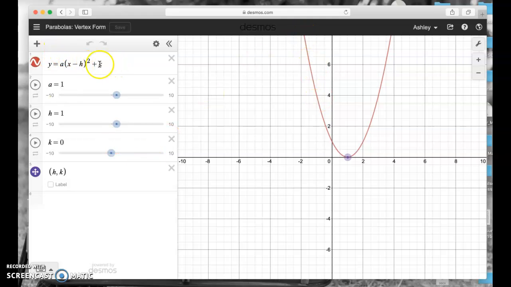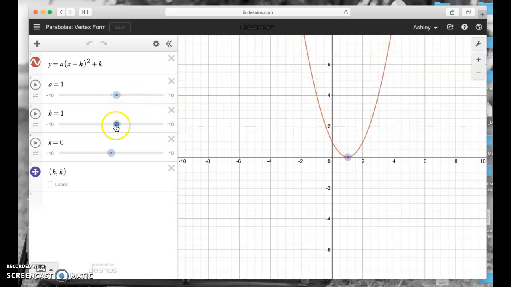And over here you should already see the vertex form of the equation from our mini lesson that we discussed today. As you notice, the a is there, the h, and the k. And remember, we talked about how all three of those values can change this graph.